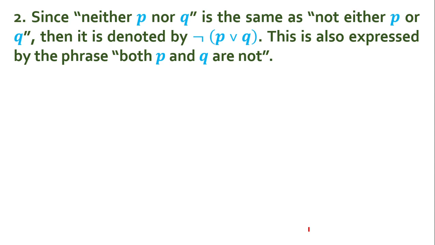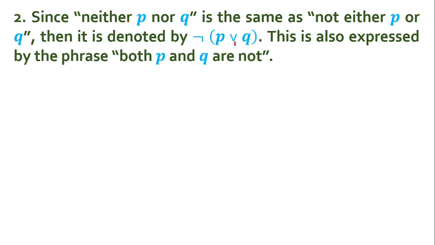Since neither P nor Q is the same as not either P or Q, it is denoted by not (P or Q). This is also expressed by the phrase both P and Q are not.